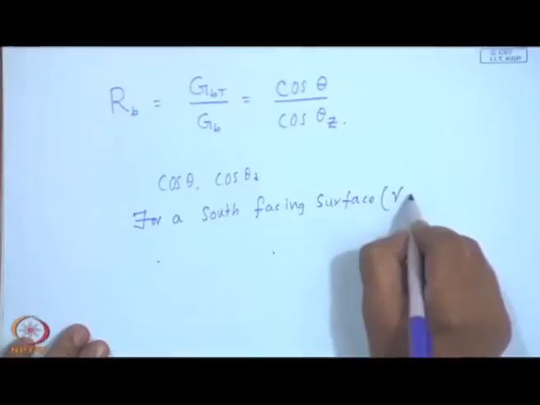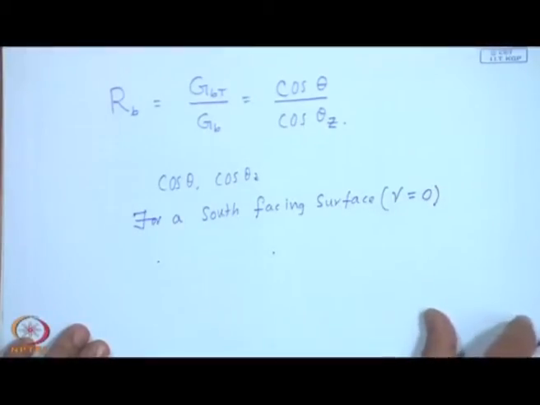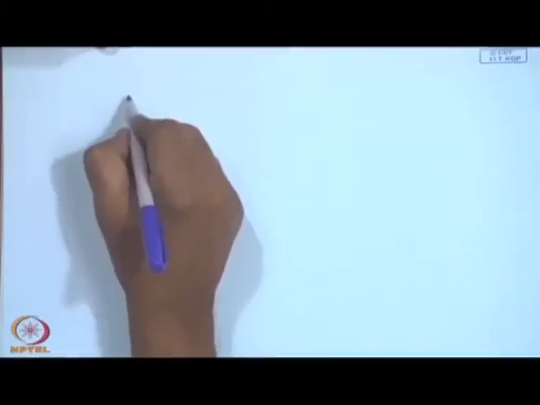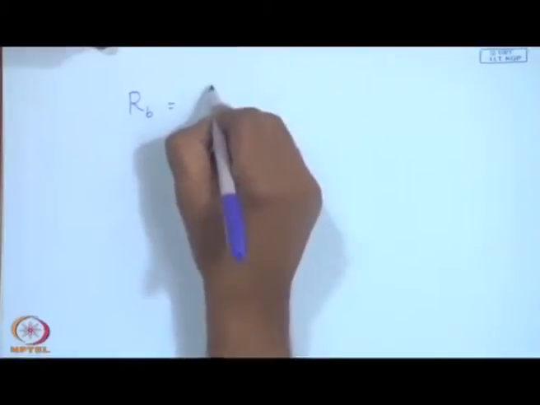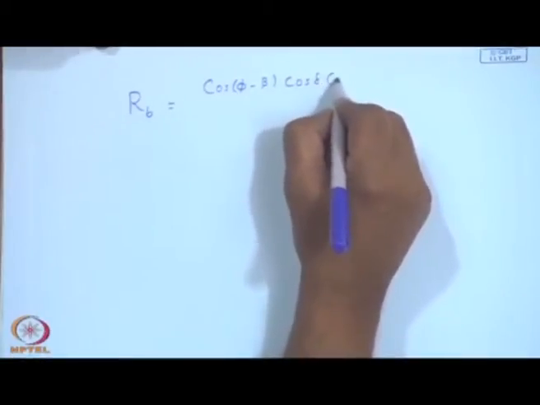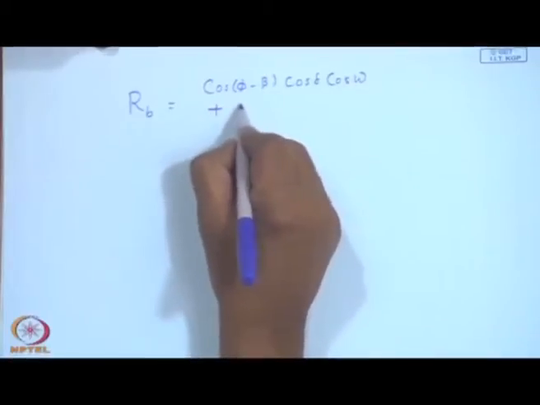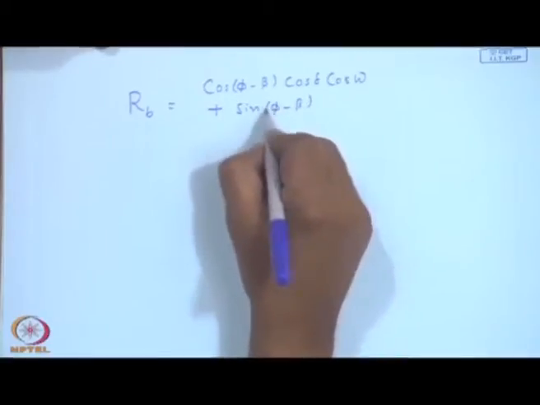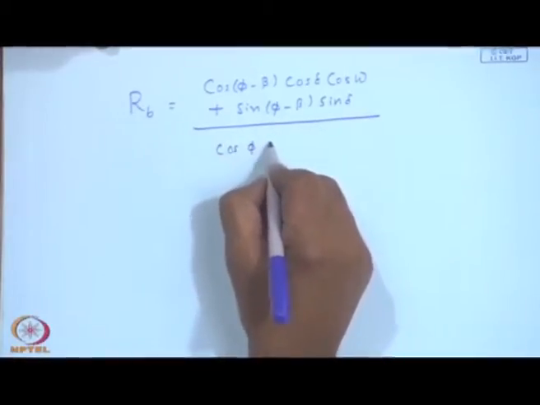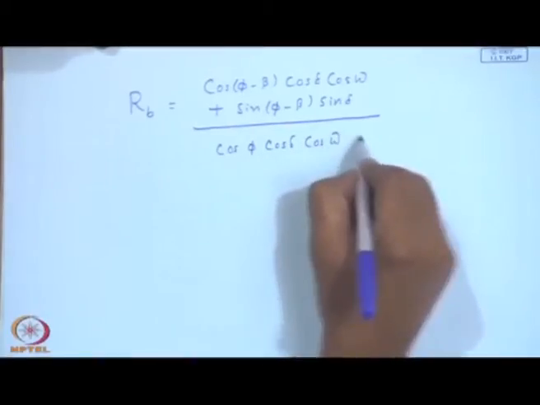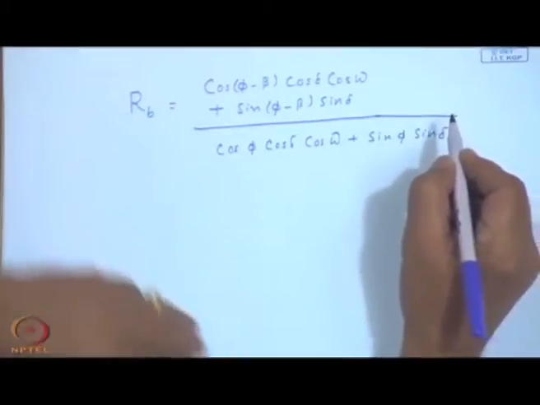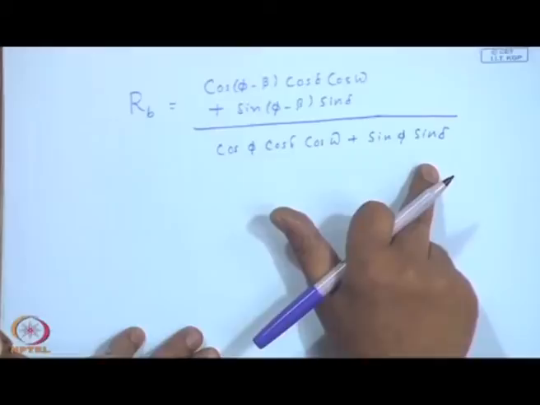That is, your surface azimuthal angle is gamma 0. So, now my R b can be written as... An easy way of remembering is: this is cos theta z, which will not depend upon gamma.